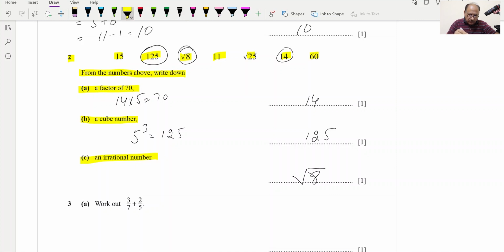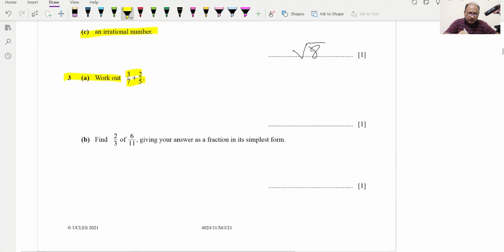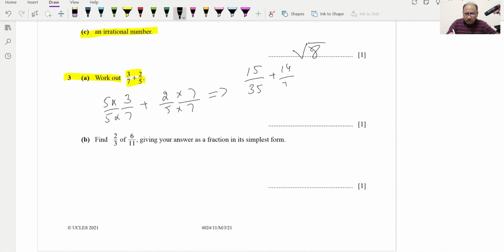And then question number 3, work out this fraction, and this fraction we can solve by equalizing coefficients. 3 over 7, multiply and divide both by 5, so it will be 5 over 5, and plus this will be 2 over 5, multiply and divide by 7, so this will be 15 over 35 plus 14 over 35.